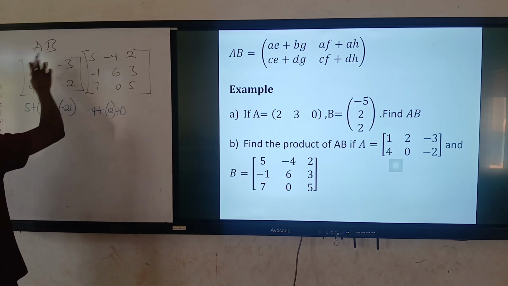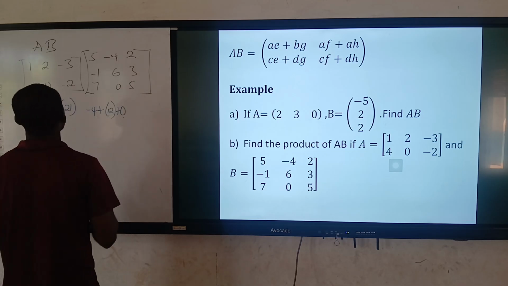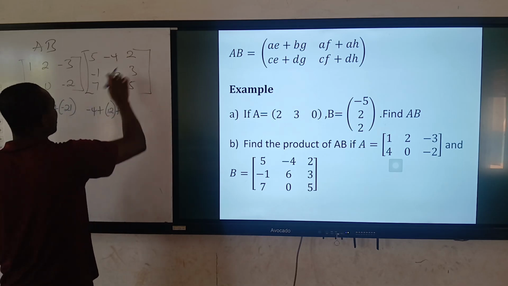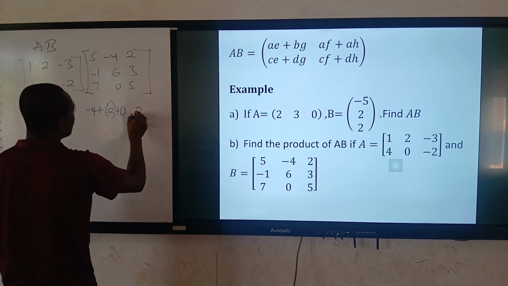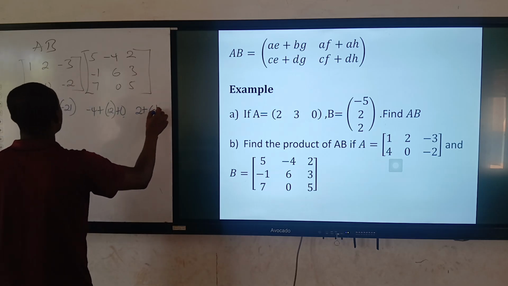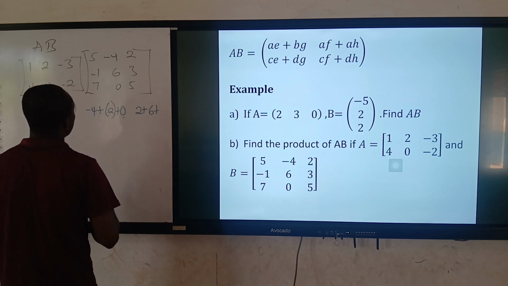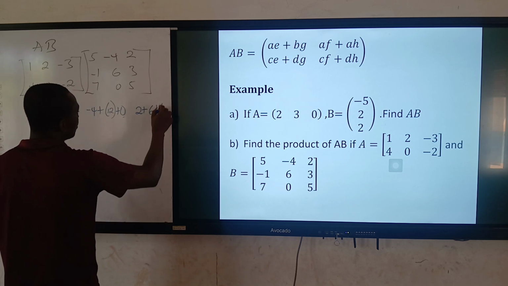Then the same rule with this column: 1 times 2 gives 2, plus 2 times 3 gives 6, plus negative 3 times 3 gives negative 9.